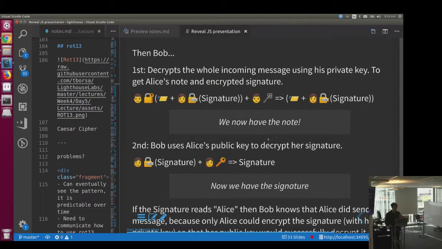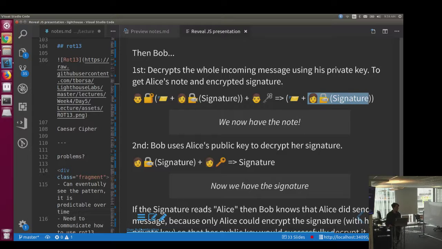When Bob gets this message, he sees the thing. He's like, hey, I'm going to decrypt this message with my private key. I'm the only one who can do that. I'm the only one who can securely get the note and signature. He gets the note and signature. He reads the note or data. And then he's like, okay, I just got this information from Alice. I want to make sure it's her.